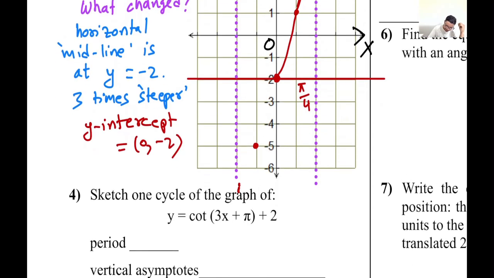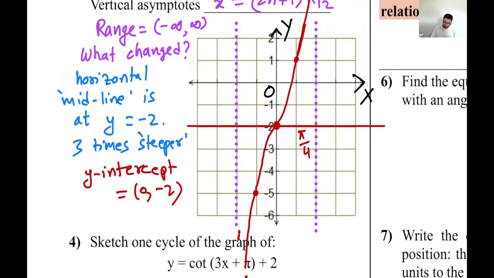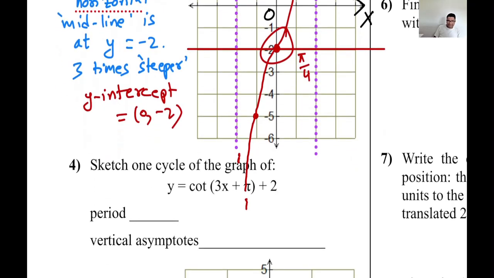And on the left side, like this, to infinity faster. So it will look more steep, more like a straight line, but there is an inflection there. Like that. That is one cycle.